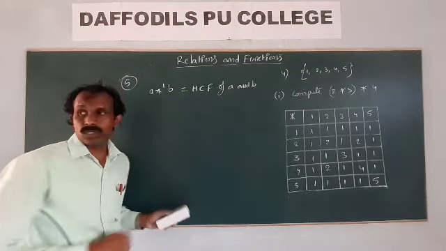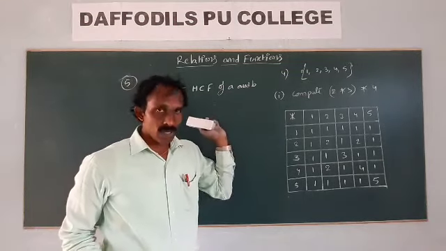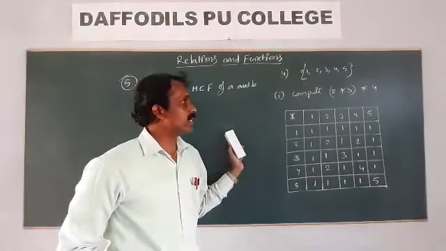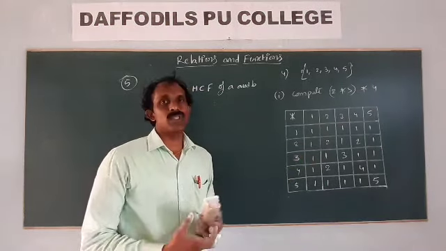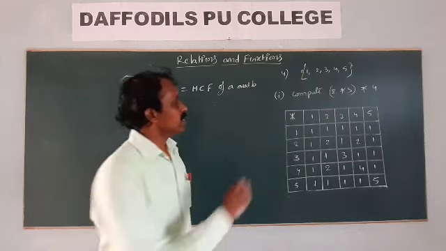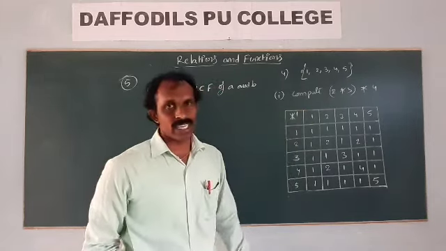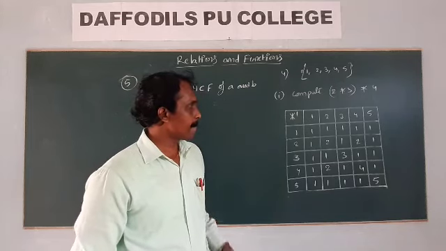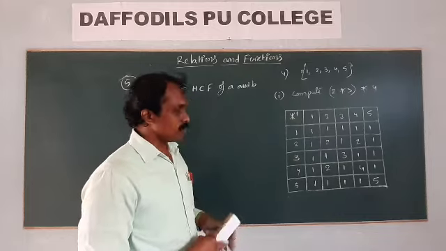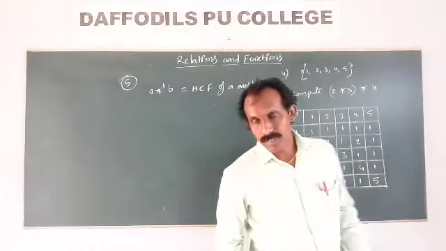So do star dash first, and both will give a table. If that table and this table are the same, then they are the same operation. Suppose this is the star dash, with the condition HCF, highest common factor.